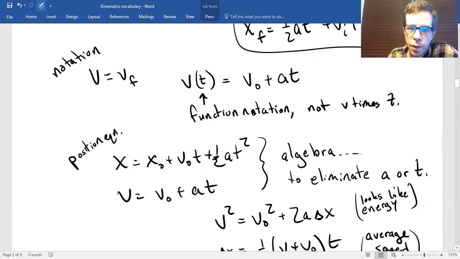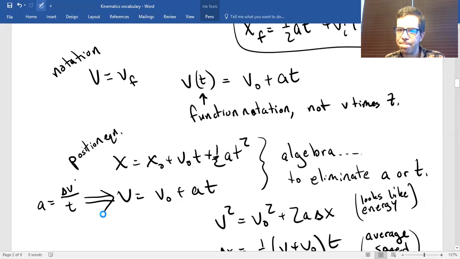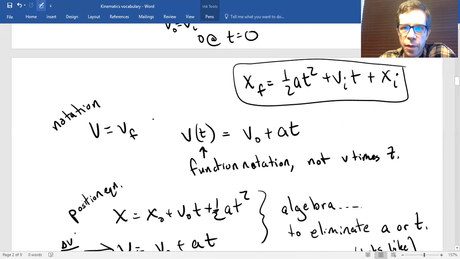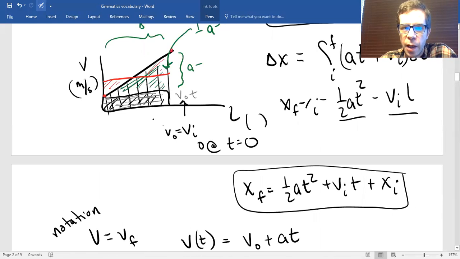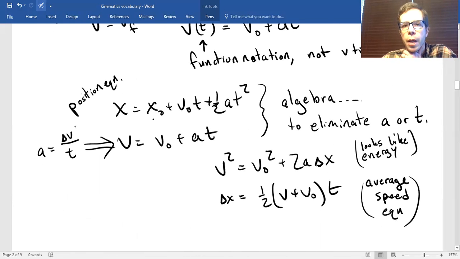And this one is just the definition of acceleration, right? If we take acceleration equal to delta v over t and solve for v, it gives us that. So this is our introduction to kinematics equations and the necessary language to get us through it. And I'm going to stop there before this video gets too long.